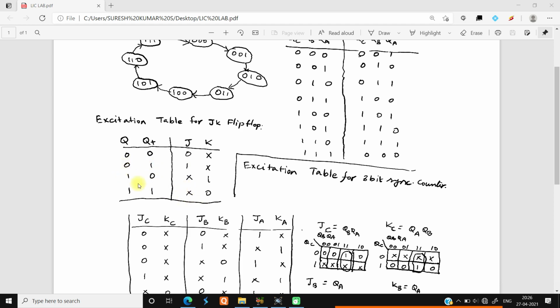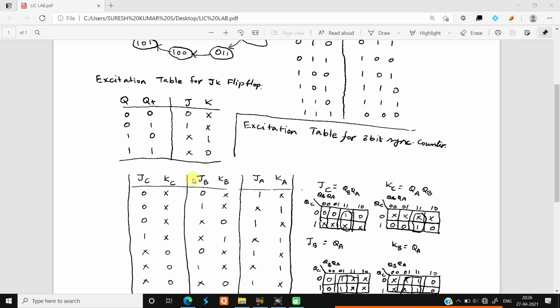The next two states are easy: the present state is 0 and the next state is 1, so J is 1; the present state is 1 and the next state is 0, so K is definitely 1. The other inputs can be X in nature.